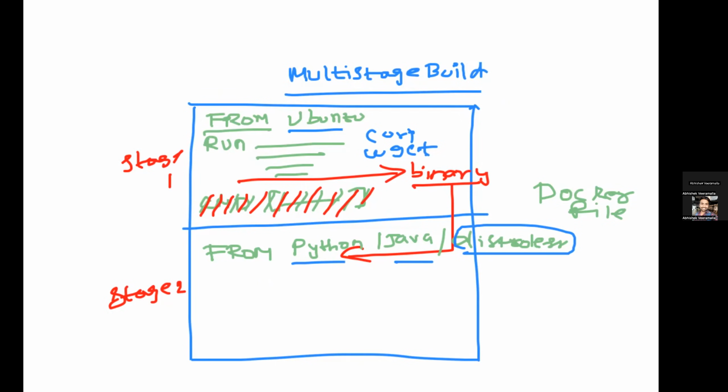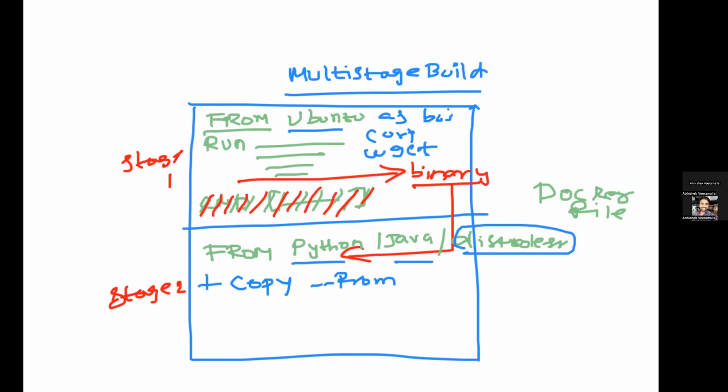So this specific stage 2 will only have the Python runtime base image, plus you will copy the artifact binary from this step to here. Simply use the same copy command, but with --from, and you mention the stage, for example from Ubuntu as build.